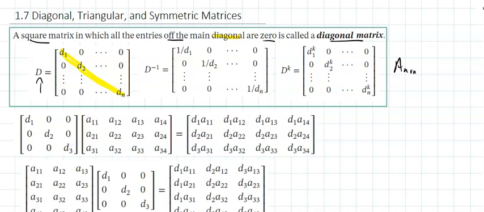Later on in the course, we're going to take a matrix A and write it as a product of 3 matrices. One of them is the diagonal matrix because it has certain properties. If you have a diagonal matrix and want to find the inverse, it's simply 1 over the diagonal entries, whatever those are. If you raise a diagonal matrix to a power, you simply raise each diagonal entry to that power.